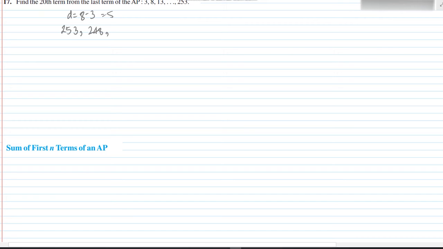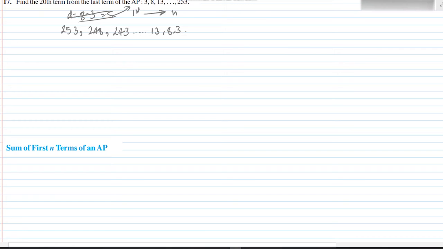And this common difference is for increasing order, like from first to nth term, right?